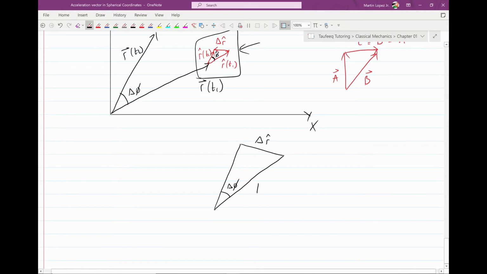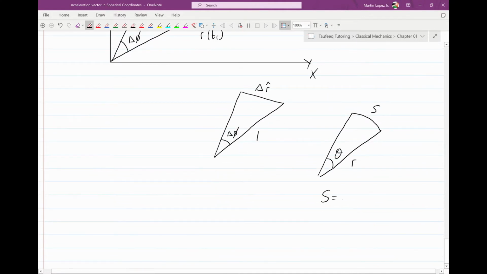We can solve for delta r hat by using the geometric relationship of s, r, and theta. So s is equal to r theta, right? The length of the sector is equal to the radius times the angle. So what is s in our case? S is equal to the magnitude, right? This is a scalar equation, so I'm putting these bars to make it more explicit, because we're going to have to get a vector equation.